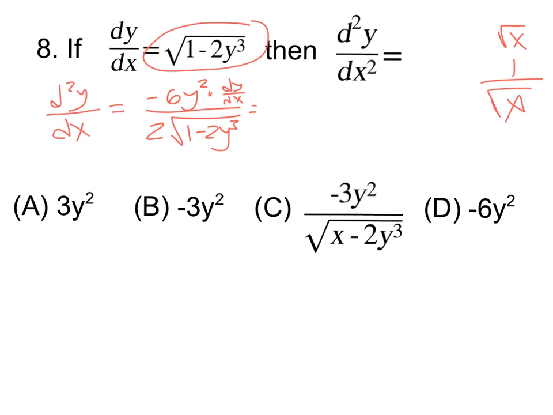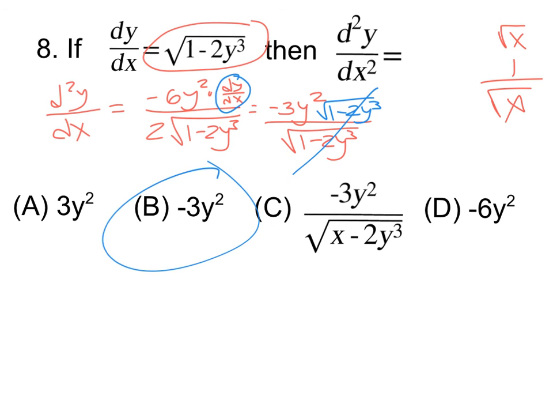So we get, I'm going to simplify, negative 3y squared over that square root, 1 minus 2y cubed. And then I'm going to replace this with that square root. So the square roots just cancel out. B. Done. Looks scary. It's really not that bad.